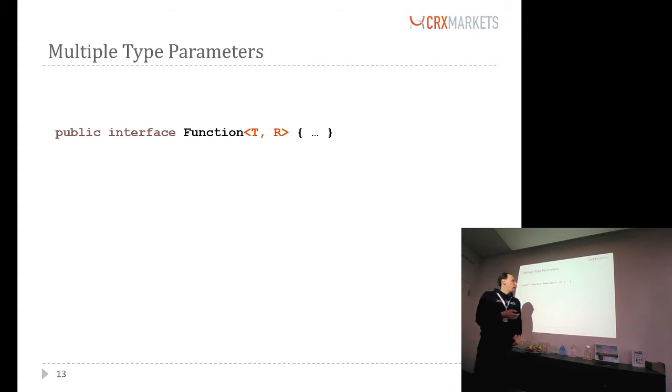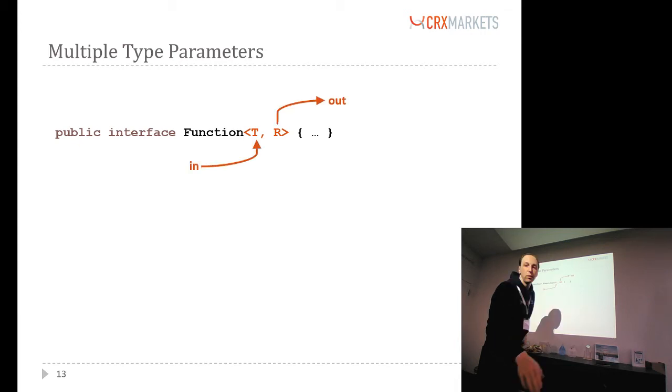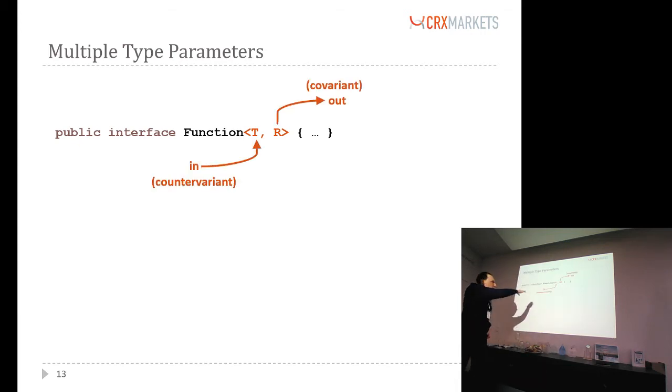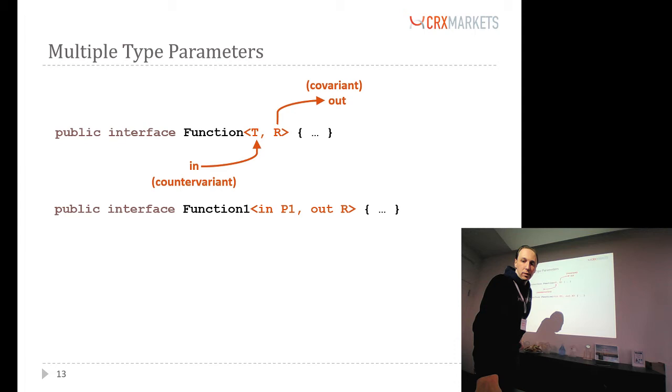And since this one goes in and this one goes out, probably they should be contravariant and covariant correspondingly. Well, if you look at the function in Kotlin, you will see this in and out that we already saw. So in Kotlin, the language knows that the function is inherently contravariant by its first parameter and covariant by the second.